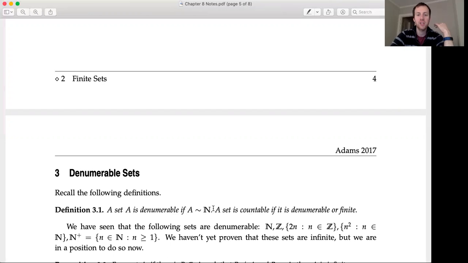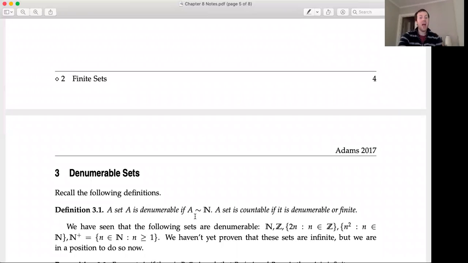If you're the size of N or finite, you're called countable. Countable meaning you can count them, either in the finite case you can stop, or in the denumerable case, you can count 0, 1, 2, 3, 4, and you keep matching them up because that's what the bijection does.